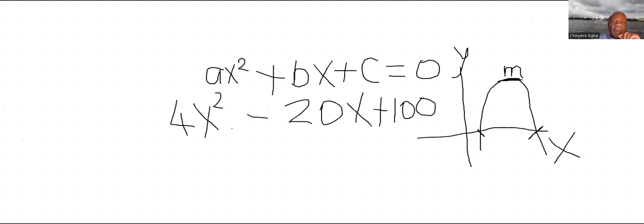I'm not saying it is solvable. This is your A. This is your B. And that is your C. Now, you can find the values of X where the function is 0, where Y is 0. At this place I circled, Y is 0.